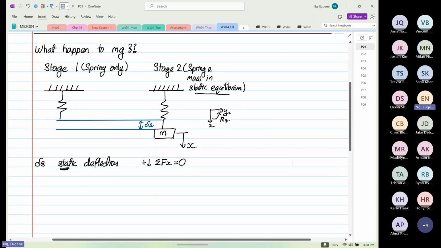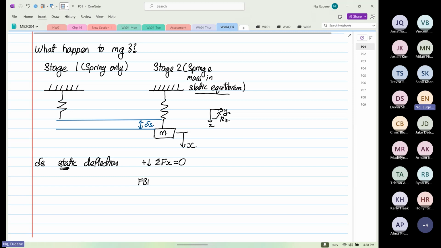If we start sketching the free body diagram, we know that the mass is coming down with mg, right? We also know that over here, we have a spring force that is also due to mg.